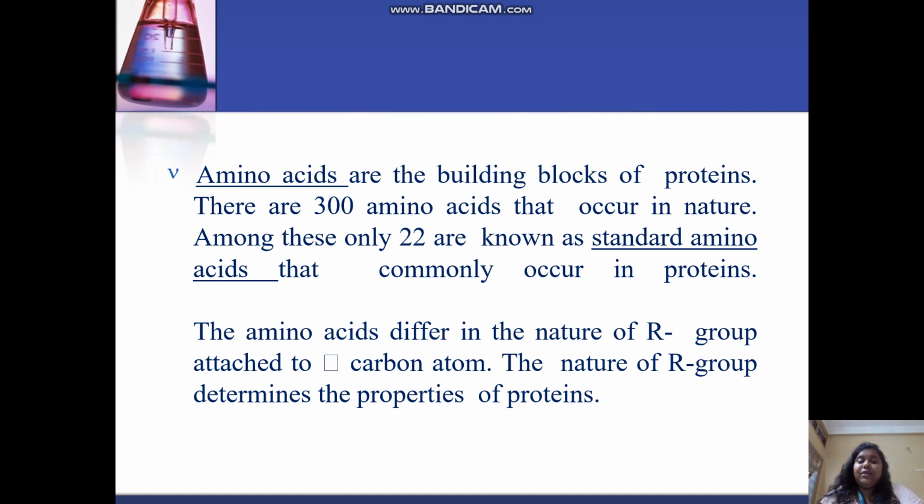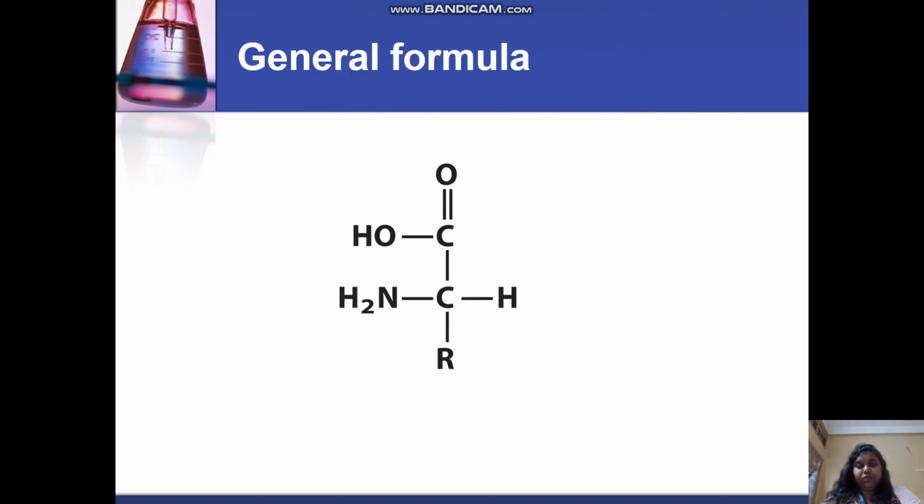The amino acids differ in the nature of the R group attached to the carbon atom. The nature of the R group determines the properties of proteins. So this is the general formula for amino acid.